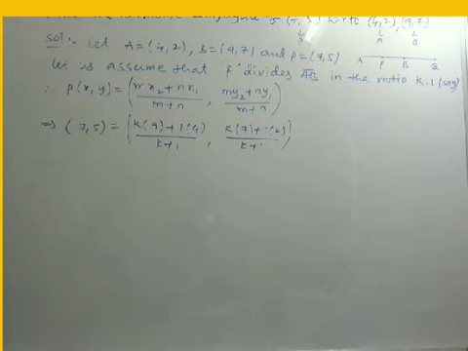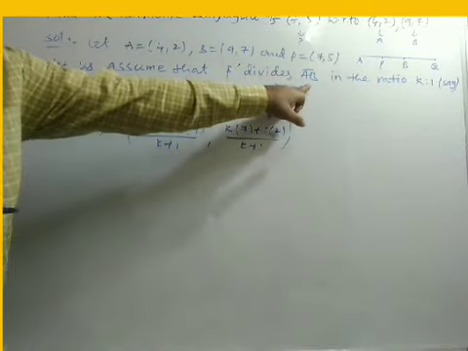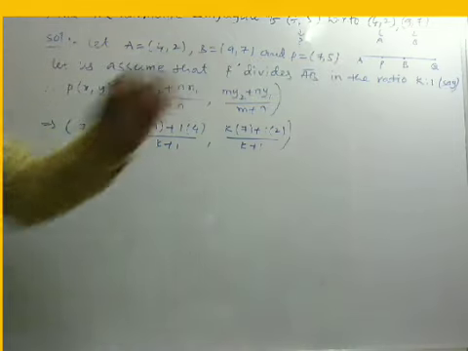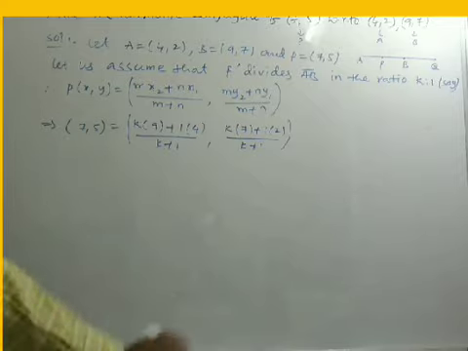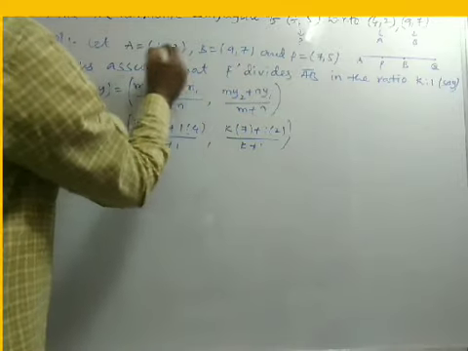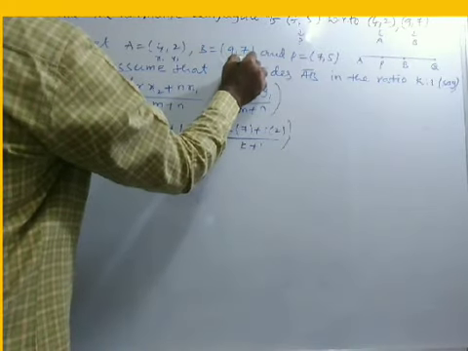Whenever we want to find the ratio in which a point divides, then we discussed in the last class that let us assume the point divides the line segment in the ratio k is to 1. Instead of m is to n, better you can proceed with k is to 1. Now see, the points A and B are nothing but x1, y1 and B is nothing but x2, y2.